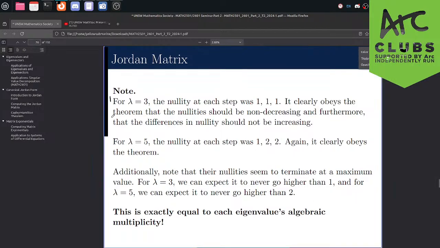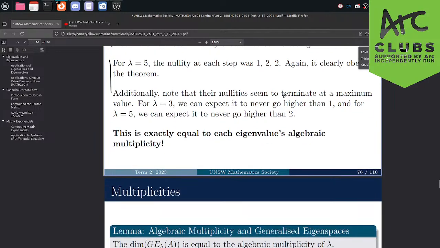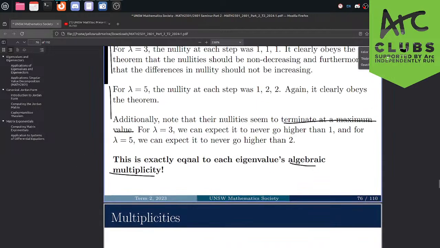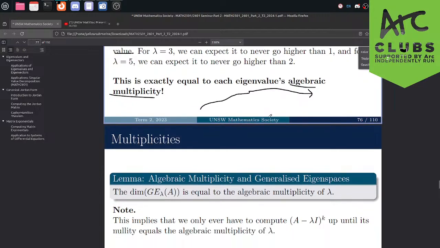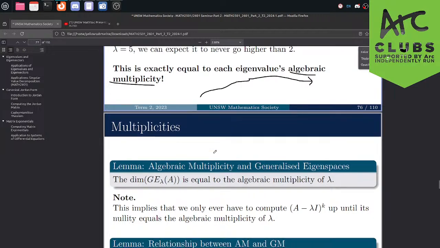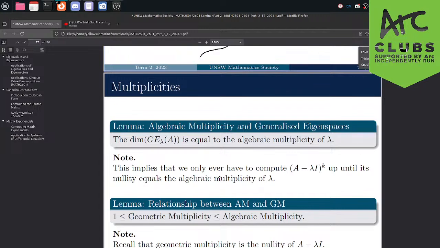So this is the text description for this. Note that the nullities terminate at some maximum value. This is a really key property. It turns out this maximum value is equal to the algebraic multiplicity. What this means is that the generalized eigenspace will grow and then terminate at some point, as we described before. And if it terminates at the algebraic multiplicity, we now have a way to characterize the entire space that your matrix works in.